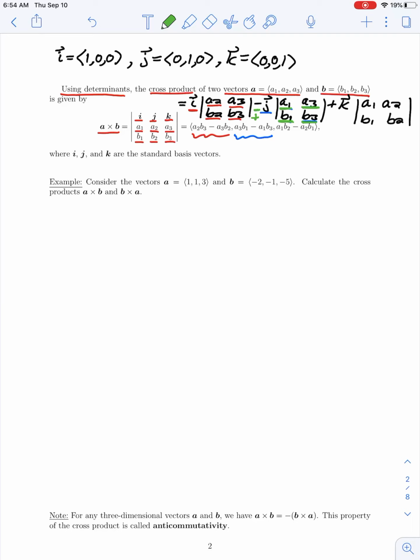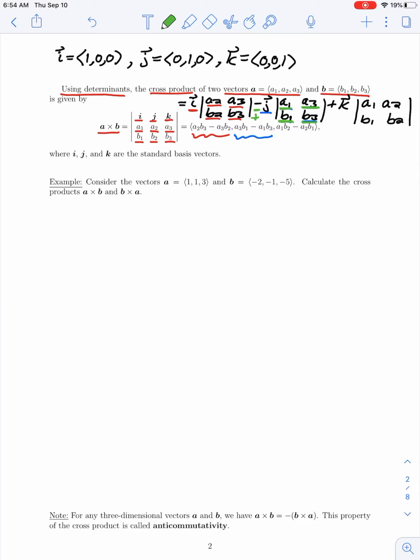So either way that you prefer to think about that, you can take negative j times the determinant of that 2 by 2, or you can use a plus j, and then just remember that you're taking the determinant of the 2 by 2 in the reverse order for that j component.